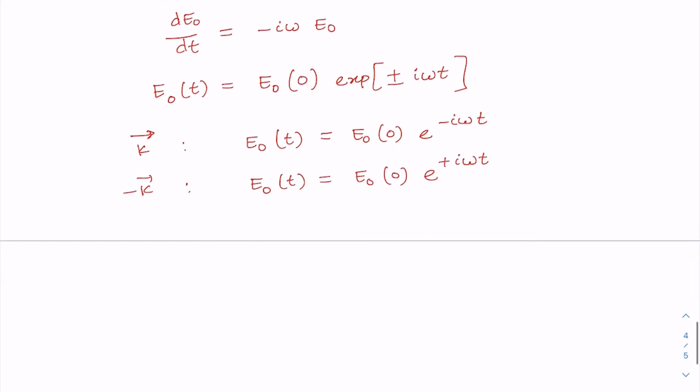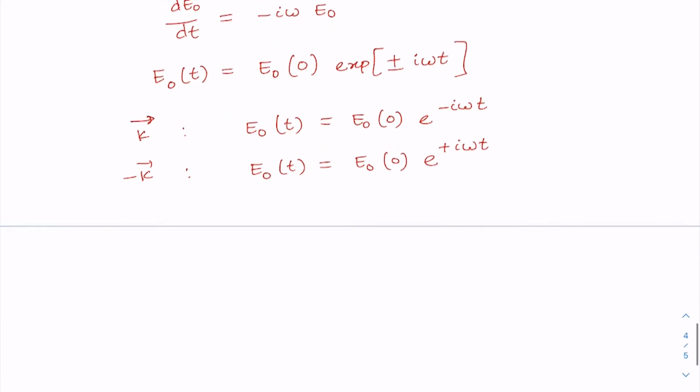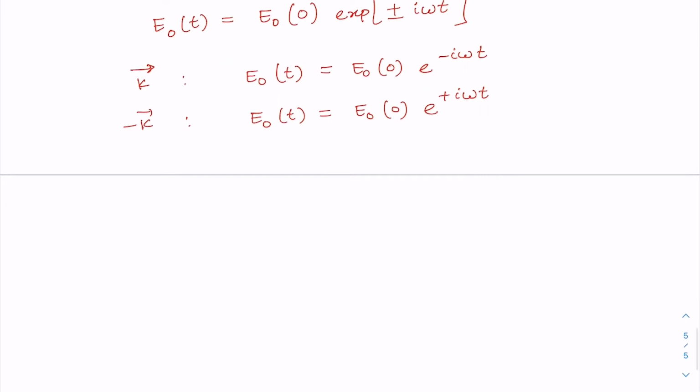But as we are interested only in one mode, we will keep only one solution, and that solution is E(t) equal to eta E0(0) e to the power i k dot r minus omega t.